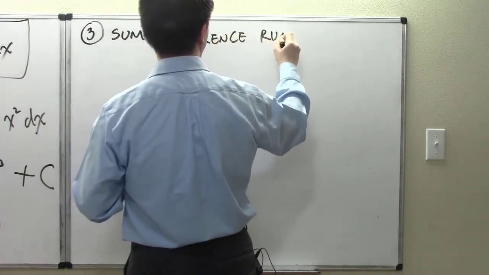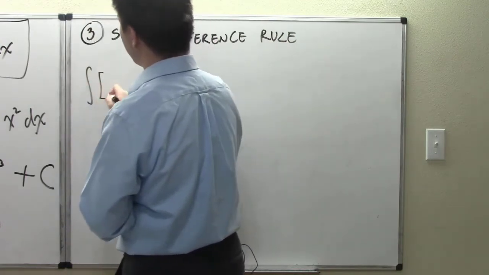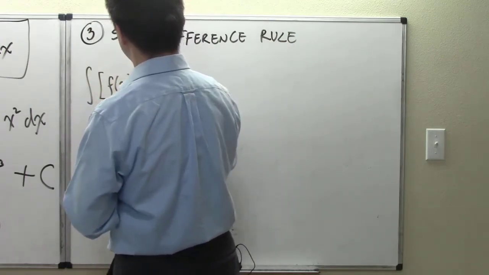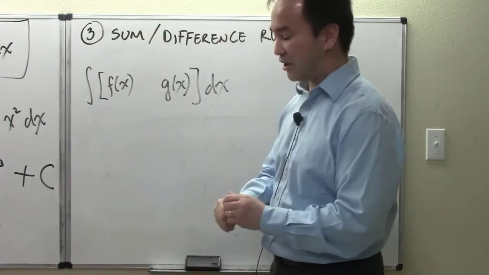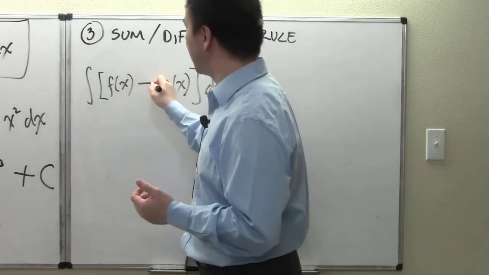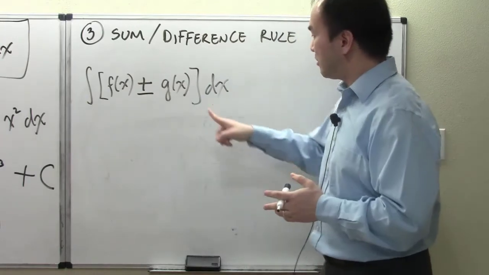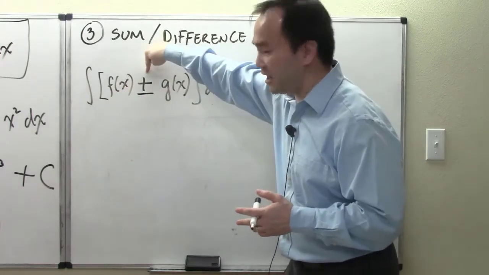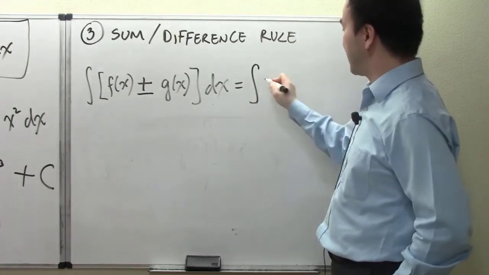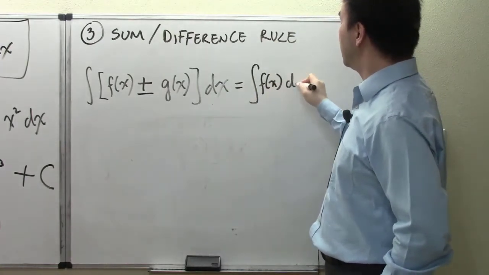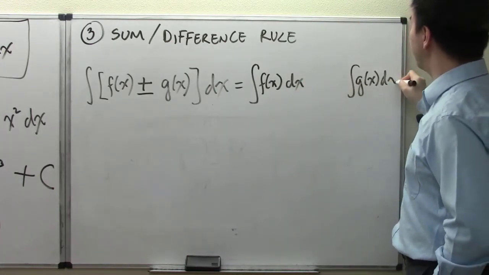It says that anytime we're taking the antiderivative of a function that has at least two terms, and our two terms are either connected by addition or subtraction: if they are connected by addition, then the sum rule kicks in and says we can simply find two separate antiderivatives, one for f of x, one for g of x, and add them up.